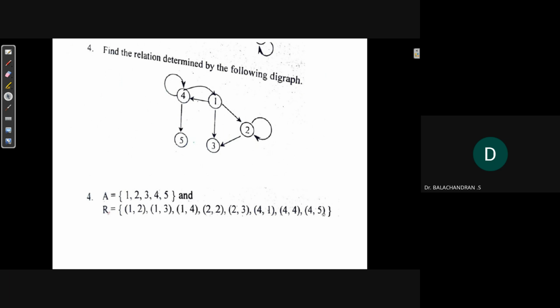I leave this problem to you. You can check whether the relations are correct. First I will tell at least one example. First you should write A, which is 1 2 3 4 5. 1 to 2 is here, and then 2 to 2. 1 to 3 is here, 1 to 4 is here. Similarly, you can write the remaining elements.